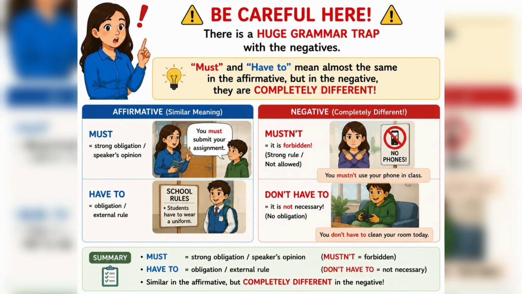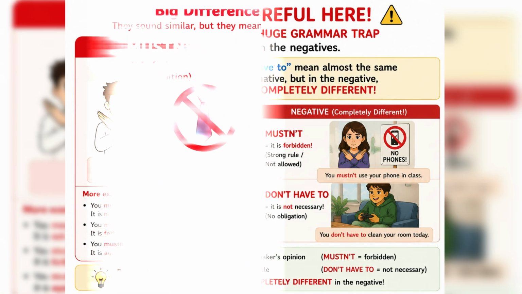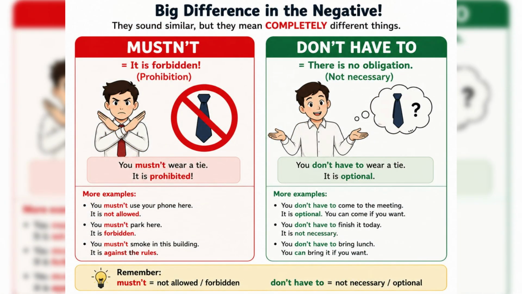Be careful here, because there is a huge grammar trap with the negatives. Must and have to mean almost the same in the affirmative, but in the negative they are completely different. That's true. Mustn't means prohibition. It is forbidden. But don't have to means there is no obligation.